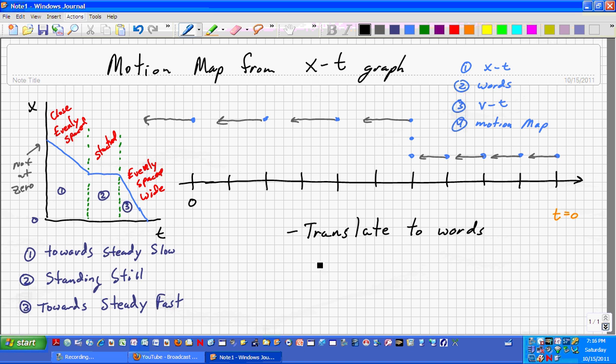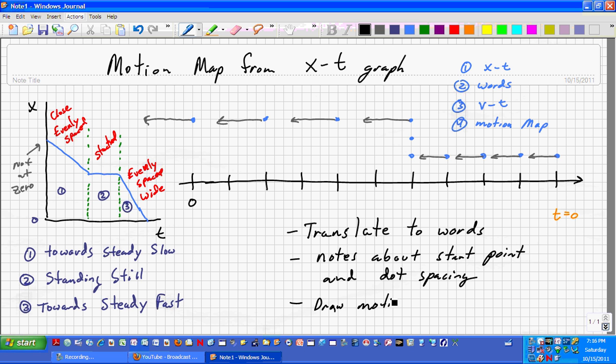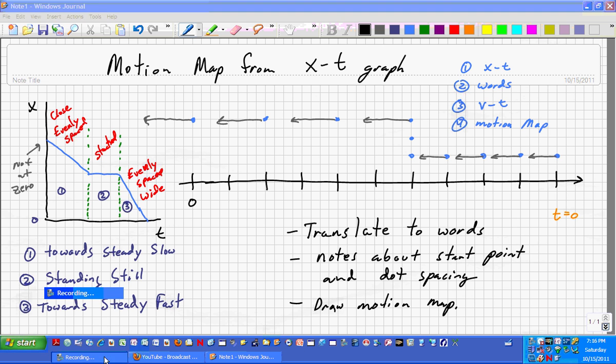Put down a few notes about the starting point, and position spacing or dot spacing. And then I made the map. Hopefully this is helping.